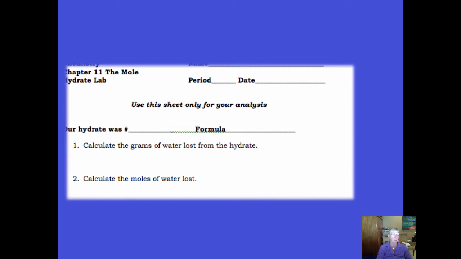On calculation number 2, as you learned in the lecture on grams to moles and moles to grams, if you have grams of water, you will also need to find the molar mass of water, because grams divided by the molar mass of water, or grams times 1 over the molar mass of water, it's the same thing, will give you the moles. So you simply take your grams from line number 1 and divide them by the molar mass of water. You will have to calculate that, and you'll know the moles of water that was lost.